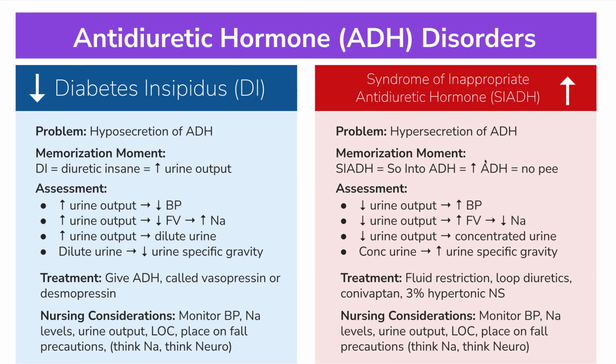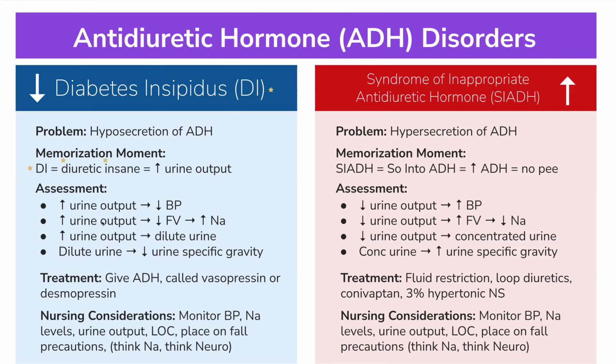But this is how you can remember what it is. We say diabetes insipidus, DI, right? Let me know in the chat if you're with me. I want you to think DI stands for diuretic insane.